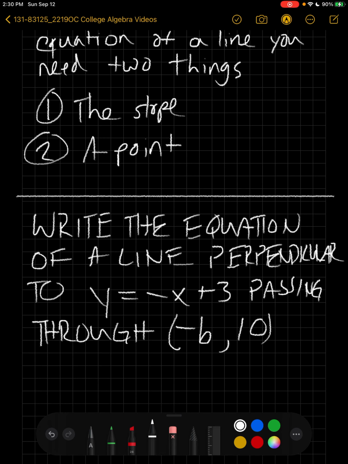So we're trying to write the equation of a line, and I just told you that's going to require two pieces of information.